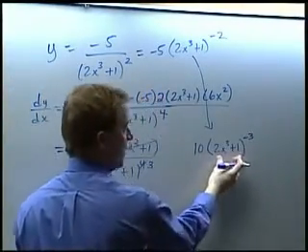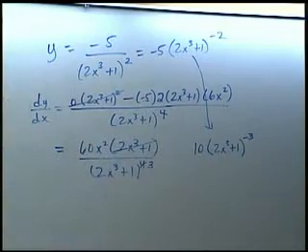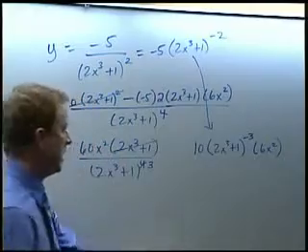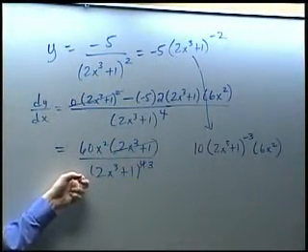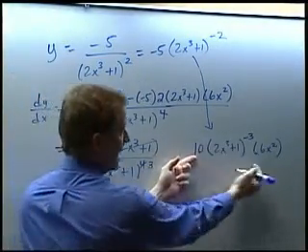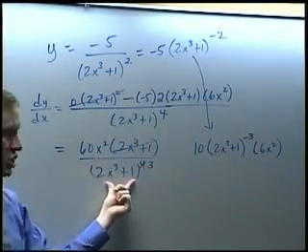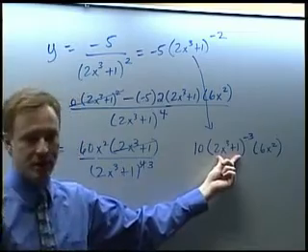And then what's the derivative of my inner function? 6x squared. Okay, is that answer equivalent to this answer? Okay, if we look at it real quick, we got 10 times 6x squared. Well, there's our 60x squared. Here it's just written in the denominator. Here it's written in the numerator.